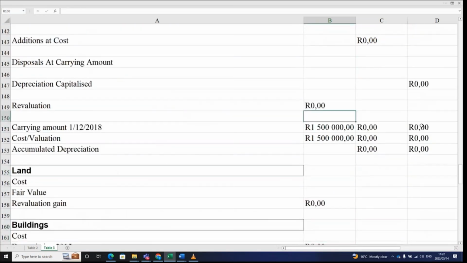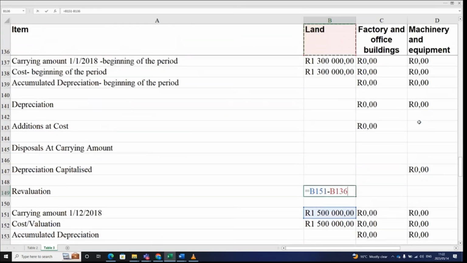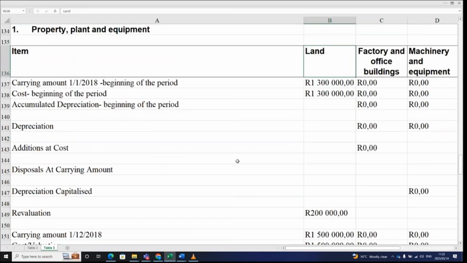Therefore, the revaluation of this land will be 200,000. So we are at the PPE note now, and we've done the land portion because it was easier.